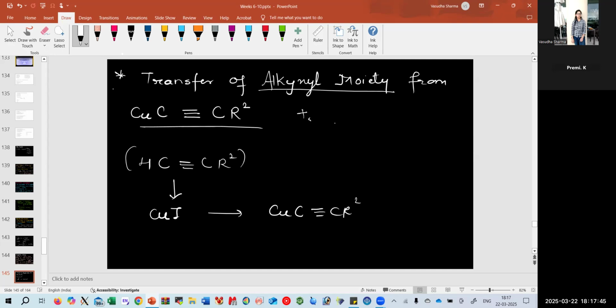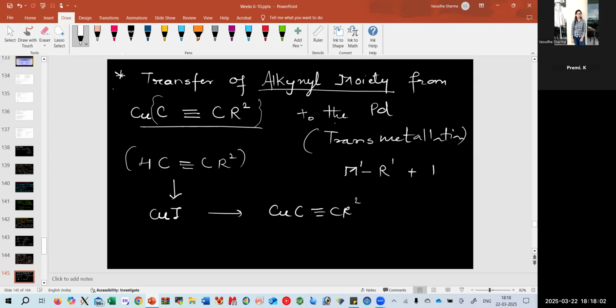And it actually transfers this whole group to the palladium, which is known as the transmetallation step. Whenever you have one metal center, say M1, having a group R1, and another metal, maybe M2, this group gets transferred, forming M1 separately and M2R. This is known as transmetallation.